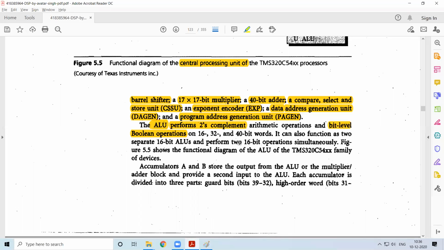And when you're doing these things, you can perform it on 16, 32 or 40 bit words. So that is what he specifies for the 54XX Texas series. Here, the ALU performs on 40 bits, so it can perform as two separate ALUs which operate on 16 bits each.